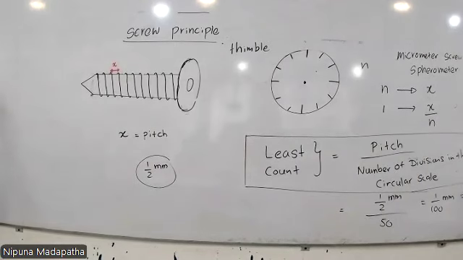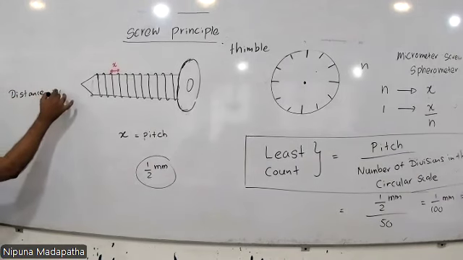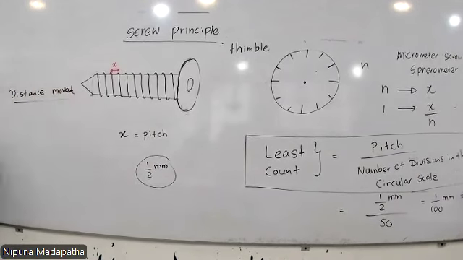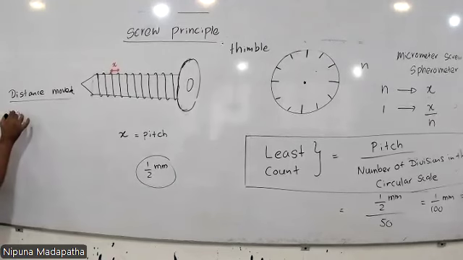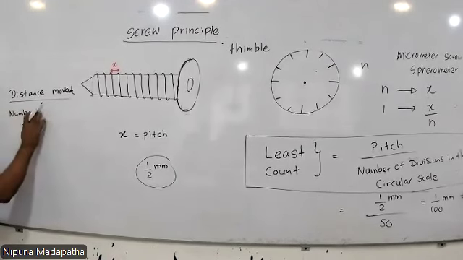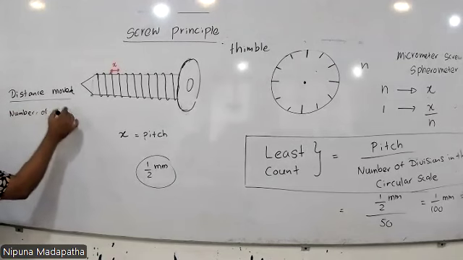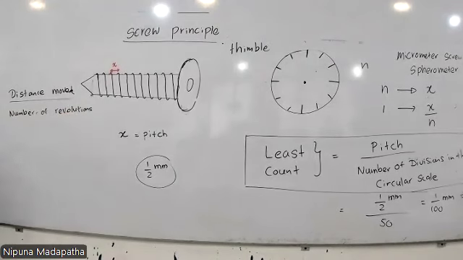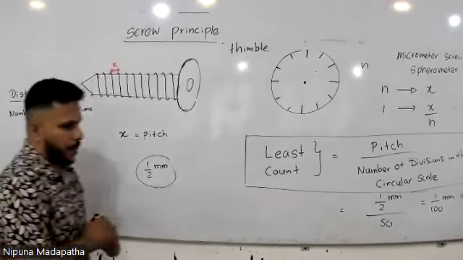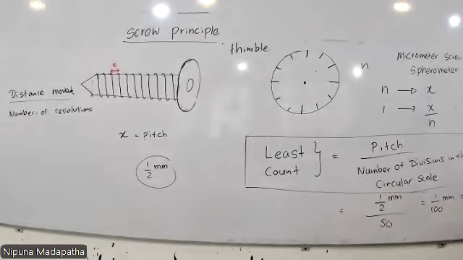Pitch of the instrument is given by distance moved divided by number of revolutions.